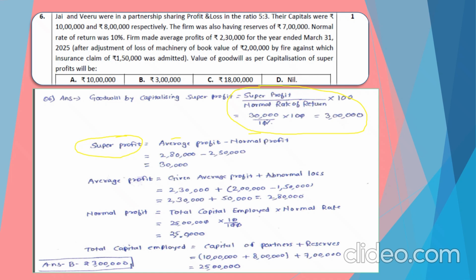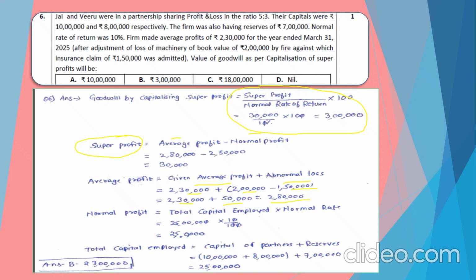So for the average also you have some adjustment. What is that adjustment? Your given profit plus abnormal loss. Now your profit given is 2 lakh 30, but the abnormal loss is: your loss was 2 lakh, but you got a 1,50,000 claim. So this 2 lakh 30 plus 50,000, total your average profit is 2,80,000.